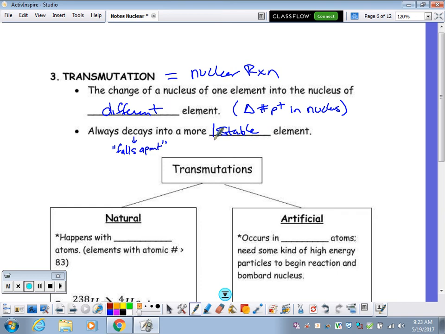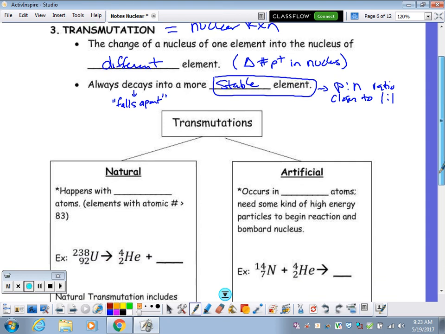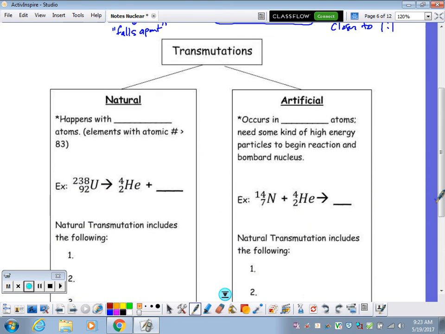So the stable element has a proton to neutron ratio closer to 1:1. Okay? Transmutations can be subclassified into two major categories: natural transmutations versus artificial transmutations.